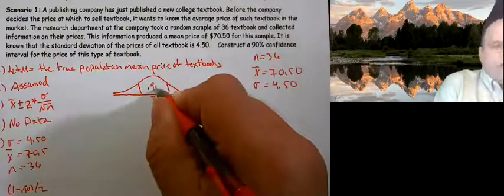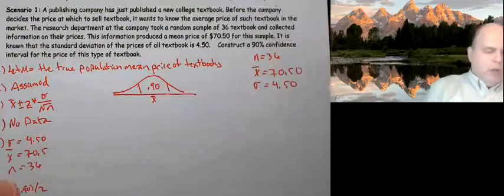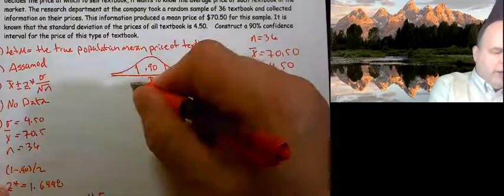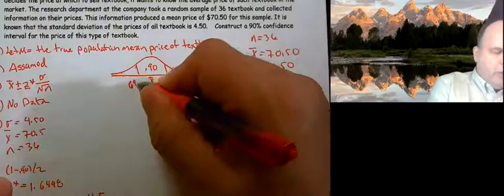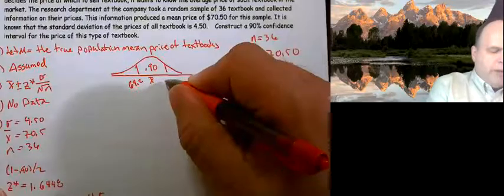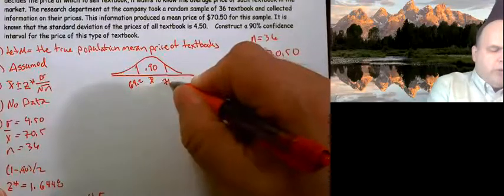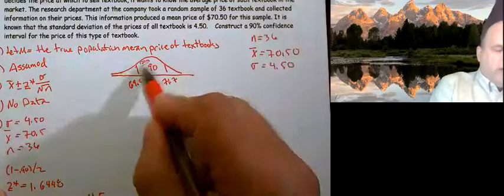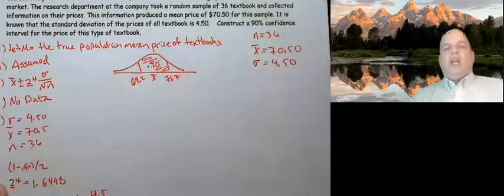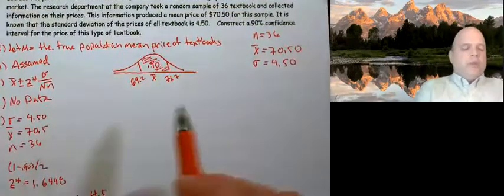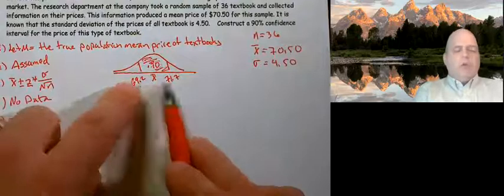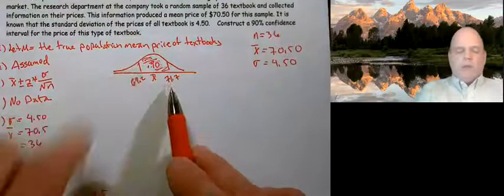This area right here is 0.90, and we calculated a lower bound of 69.2 and an upper bound of 71.7. And what we're saying is 90% chance that the true population mean lies somewhere between these two values.